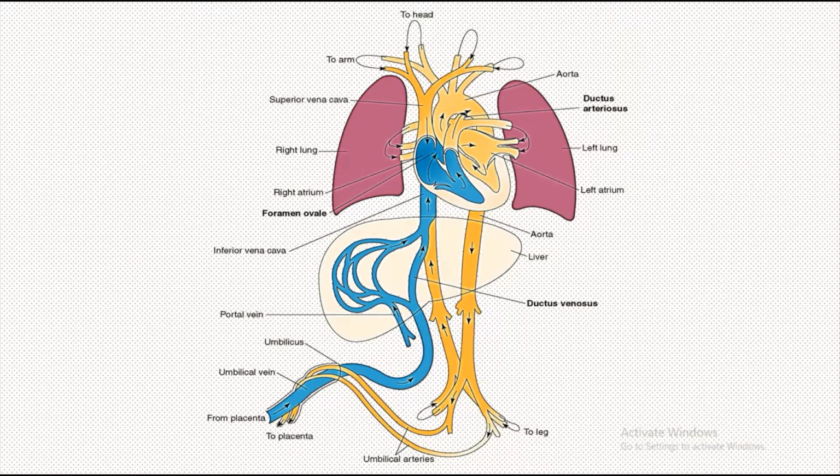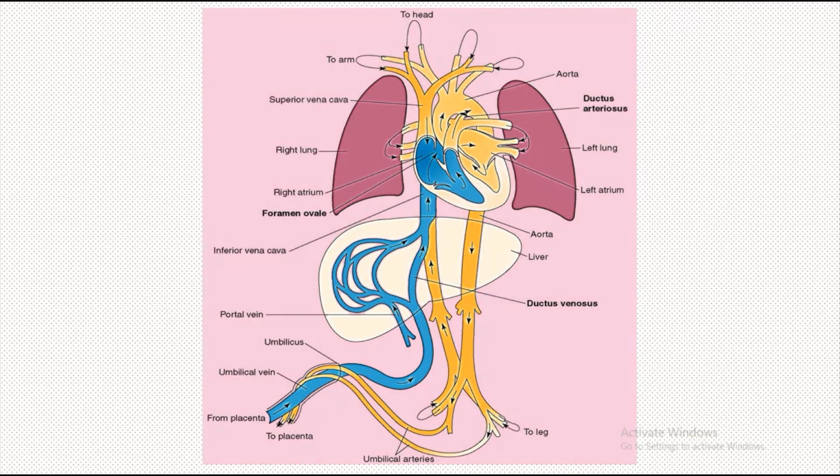Then all deoxygenated blood through the umbilical arteries enters into the placenta for oxygenation. And here the cycle repeats. As you can see, this is the actual circulation of the fetus. I hope you understand and I wish there is no confusion.